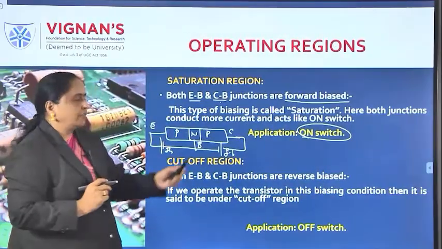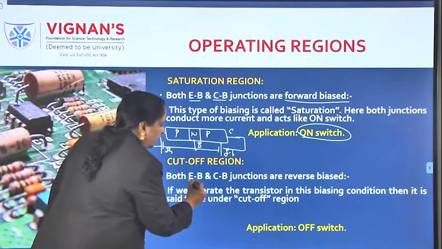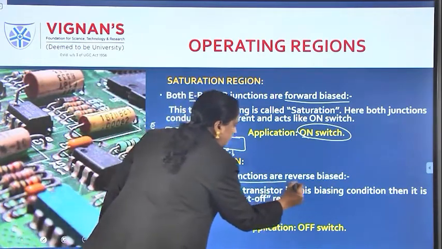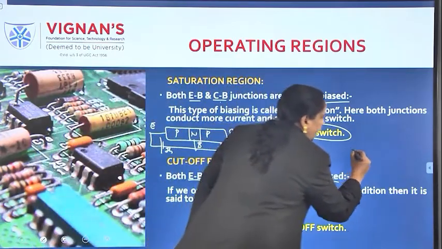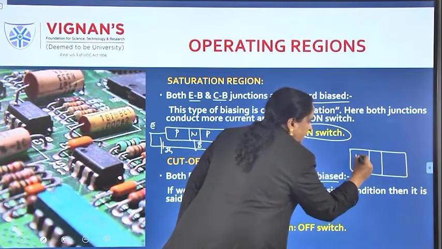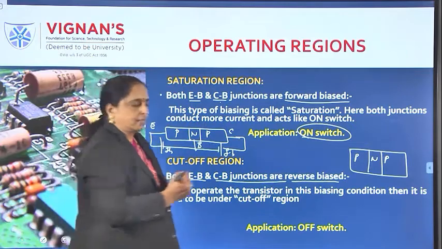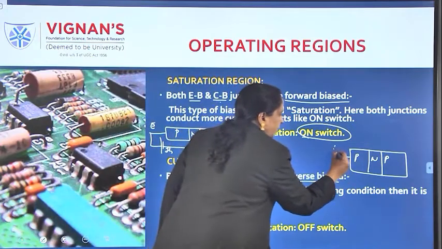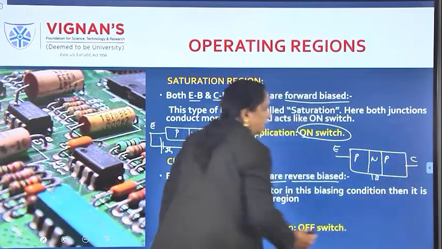Then another one is the cutoff region. Cutoff region means both the emitter junction and collector junction are reverse biased. Let us see. If you take a PNP transistor again, see, this is emitter, base, this is collector.